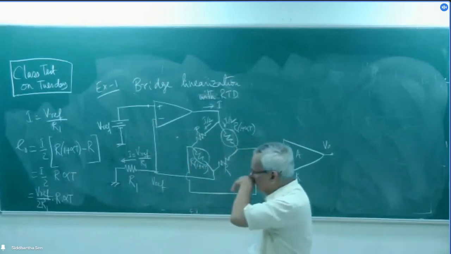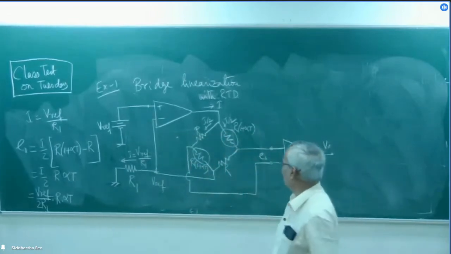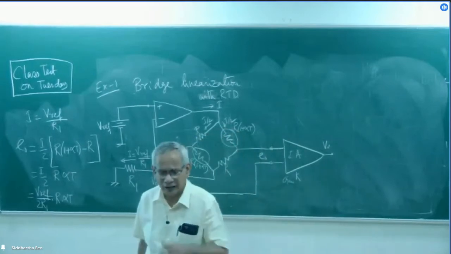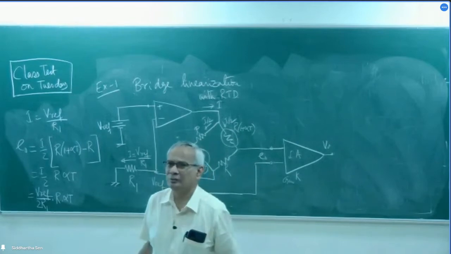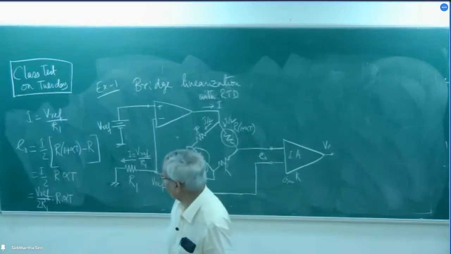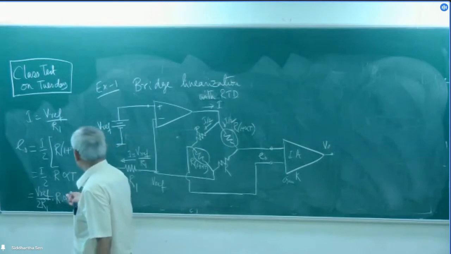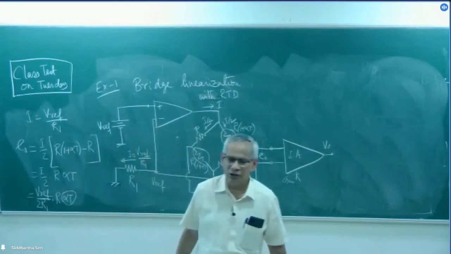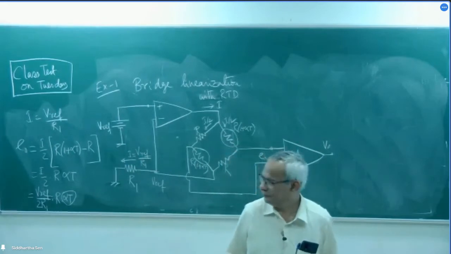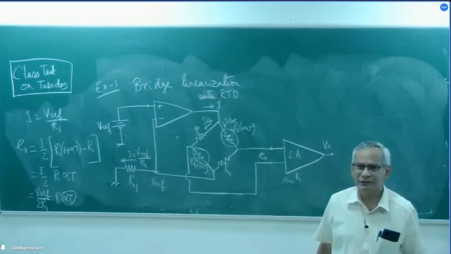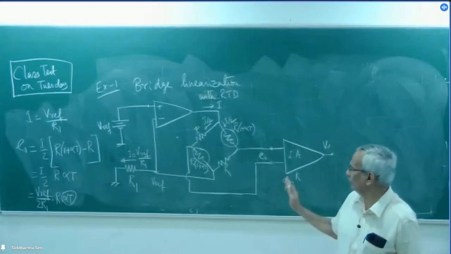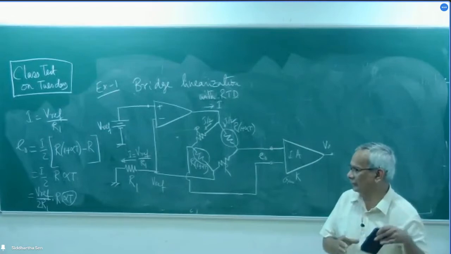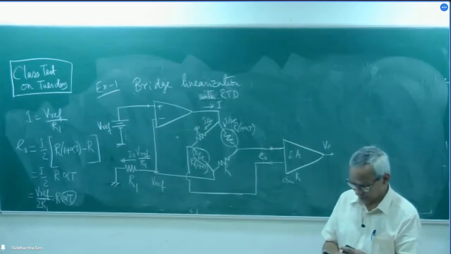Though we are using a bridge, whatever be the temperature, this is one scheme for bridge linearization that will give you a voltage directly proportional to the temperature. Is it clear? Any question? But definitely it is assuming that the op amps are identical. Any question?